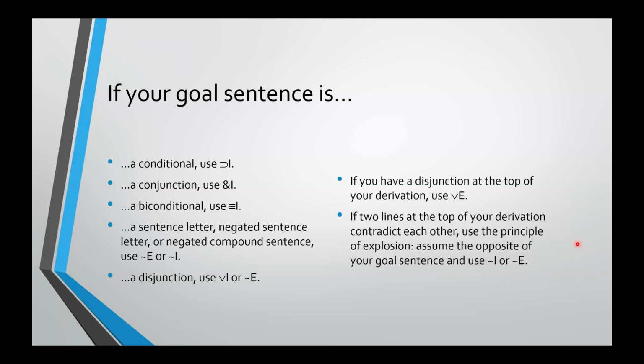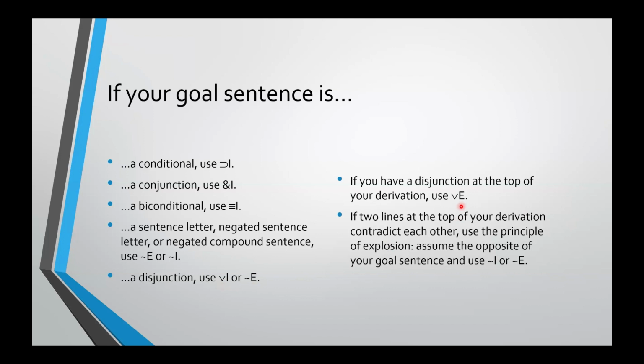One important thing to note here: these heuristics overlap. For example, if your goal sentence is a disjunction and you've got a disjunction at the top of your derivation, then if you look at these heuristics, you could use negation introduction, negation elimination, or disjunction elimination. Any of those would be possible. Constructing derivations isn't a mechanical procedure.